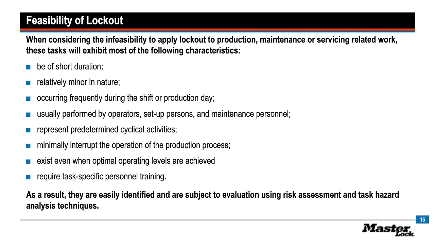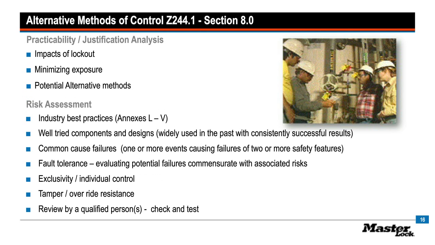That being said, if there is a doubt, if you cannot fully define a task, lockout is your solution until possibly better engineering studies, upgrade to better guarding materials and so on, or methodologies are put in place. So the practicability analysis looks at the impacts of lockout on the job.